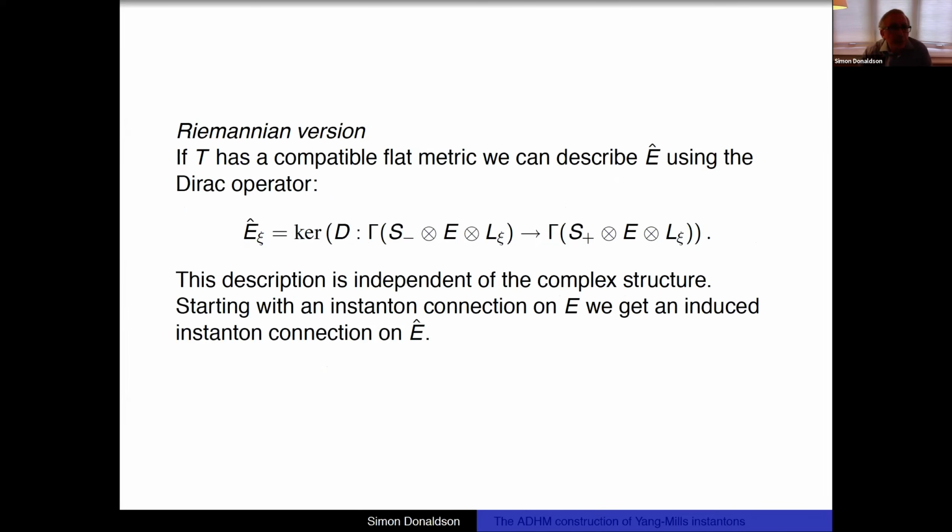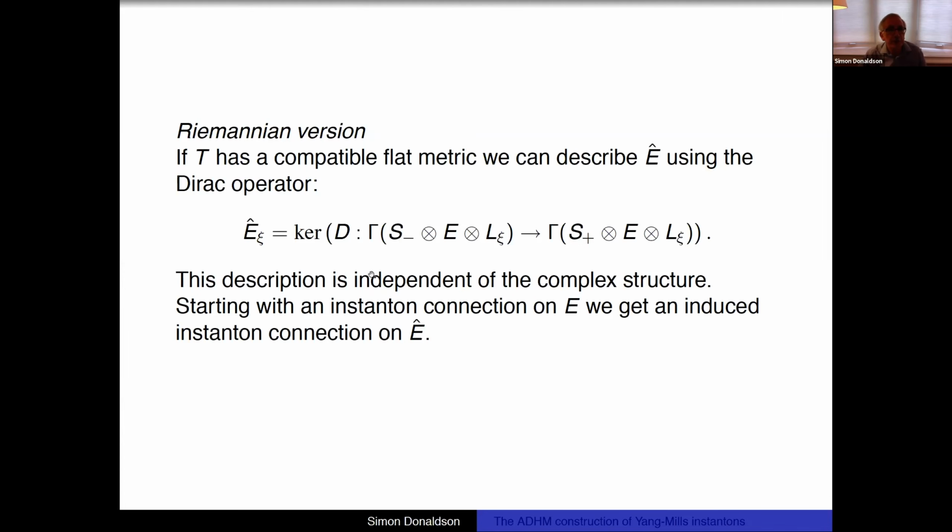So that was a complex geometry discussion in terms of cohomology. But we can also make a Riemannian geometry discussion, which turns out to be equivalent for rather simple reasons. If we take a flat metric on T, compatible with a complex structure, then we can describe the same bundle E hat using the Dirac operator.